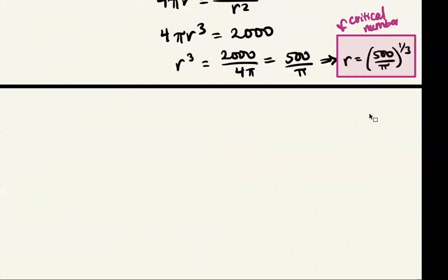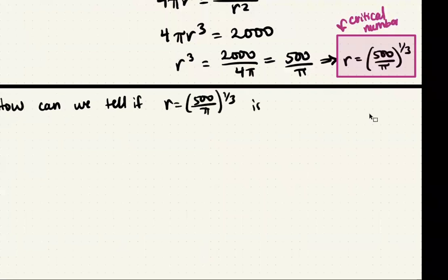Well, let's think about, maybe I'll write this down. How can we tell if 500 over pi to the 1/3 is where the minimum value of A occurs?